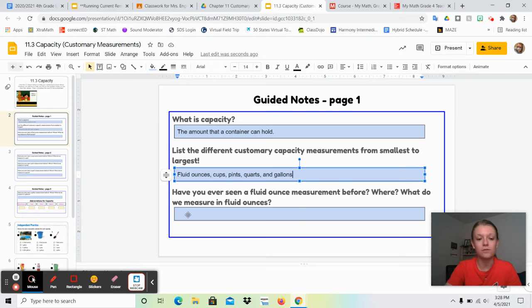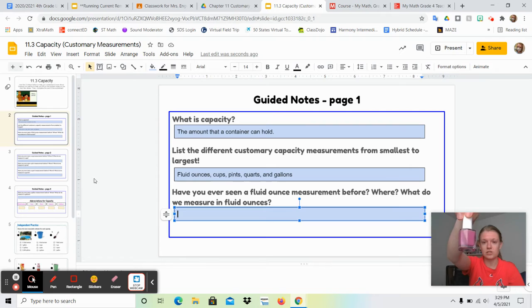Have you ever seen a fluid ounce measurement before? For this, you should say yes, because pretty much everything liquid that you can buy at a store is measured in fluid ounces. So I'm going to show you a few things. Thinking about small, a container of nail polish, this is half of a fluid ounce.